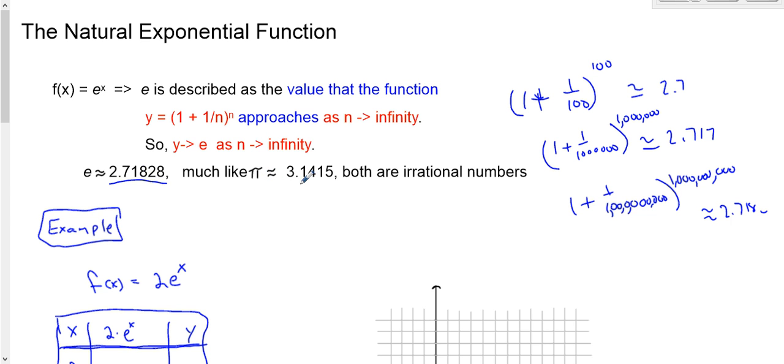Pi has a value assigned to it, like 3.1415. So does e. It is 2.71828, and it goes on forever and ever, just like pi does. Both are irrational numbers. So the value of e is approaching 2.71828 as n is approaching infinity.